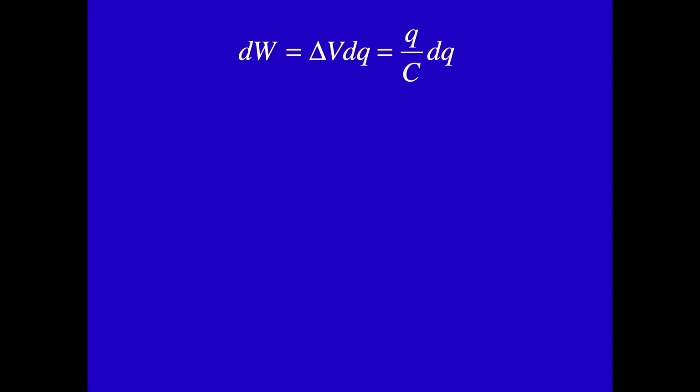So dW is basically q delta V, but our q is infinitesimal. But each time you put a charge, a dq on the capacitor, your delta V changes. And so what I should do is write my delta V in terms of Q and C.